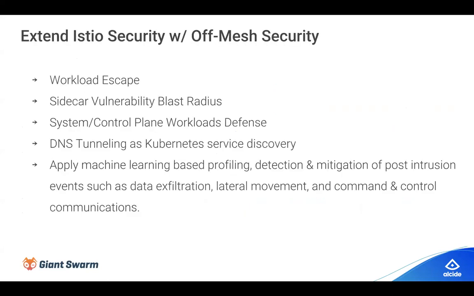So we've talked a lot about what Istio and service mesh have from a platform perspective, but it is important to note that Istio makes assumptions on the underlying infrastructure.